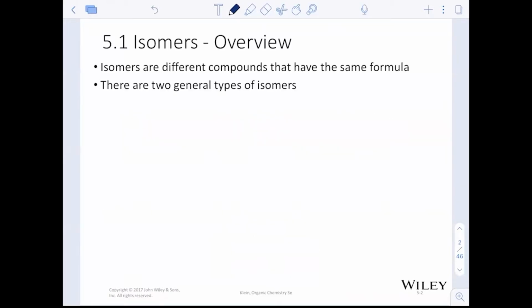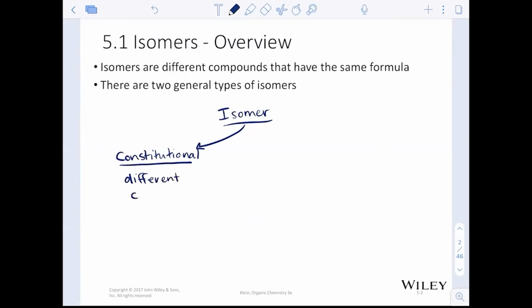So isomers are, by definition, different compounds that have the same molecular formula. And so there are two general types of isomers under this category. The first one we've seen before is the idea of the constitutional isomer. Now remember, the constitutional isomer was one that had the same molecular formula, but different connectivity.